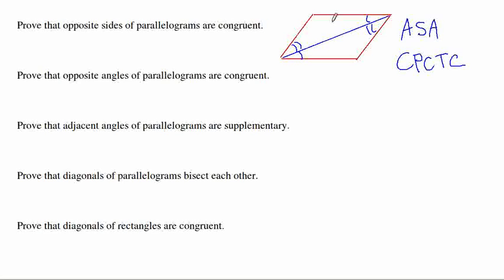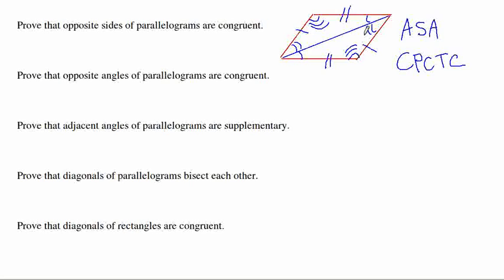All right? So that means that opposite sides, now we know they're congruent. And we also know that opposite angles are congruent. All right, so we've used ASA and KIPTIC to show that opposite sides are congruent. And the same line of reasoning can also be used to show that opposite angles are congruent.